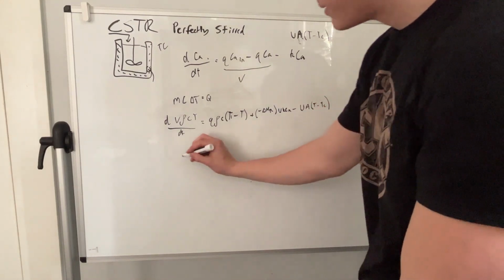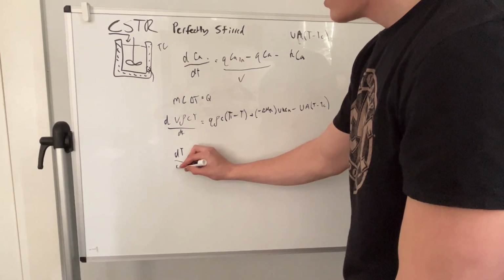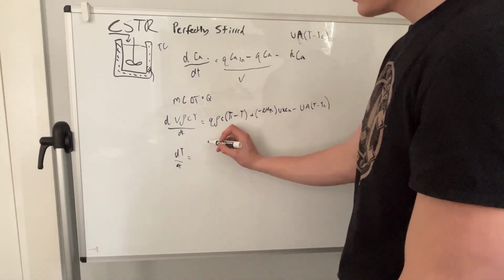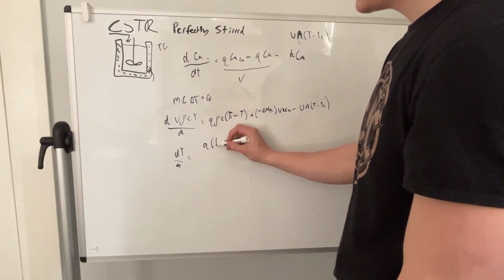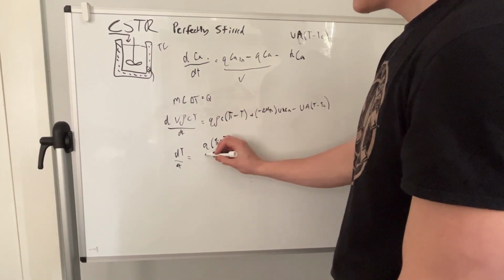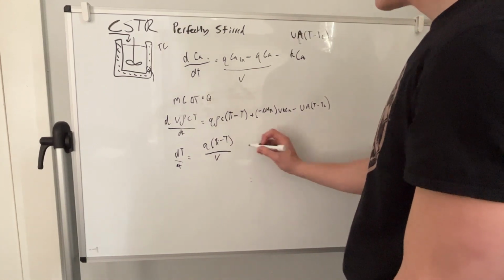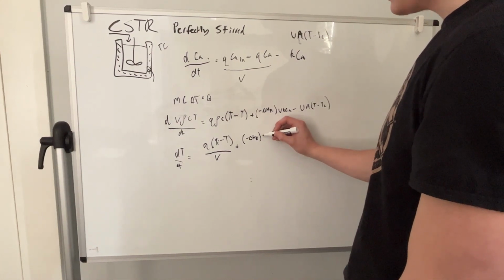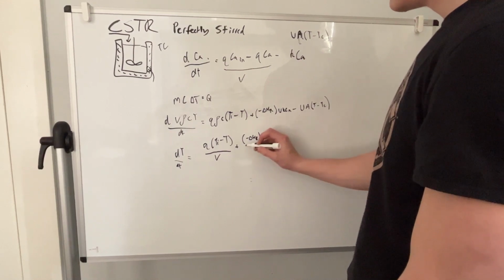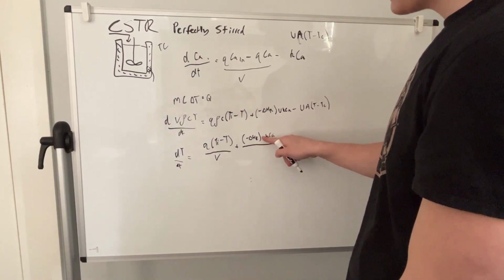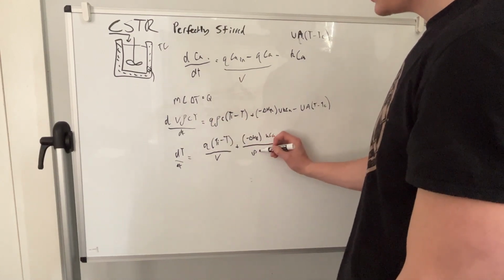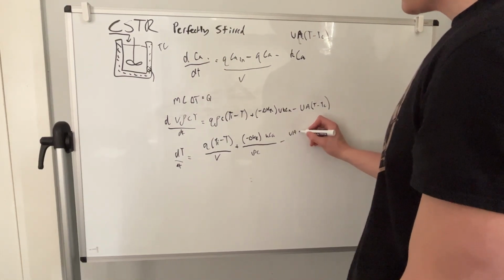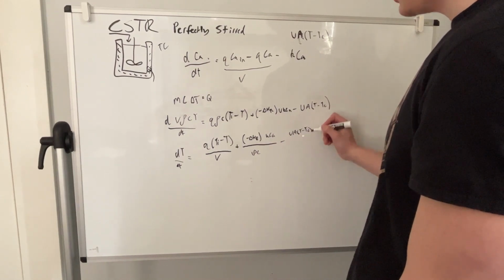So we'll end up with our change in temperature can be represented by our Q will stay, our density and C will be out, so Q times Ti minus T over V, which doesn't cancel out, plus our heat of reaction times the rate of that reaction divided by, and this V will cancel out, so divided by rho C. And lastly, minus our heat transfer coefficient times the change in that heat from the jacket to the liquid.